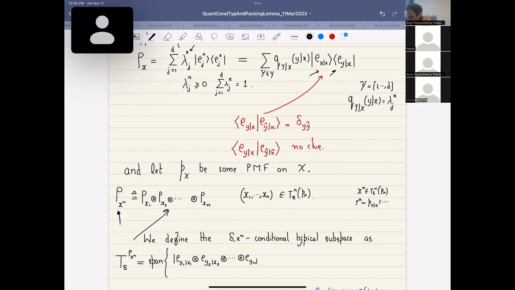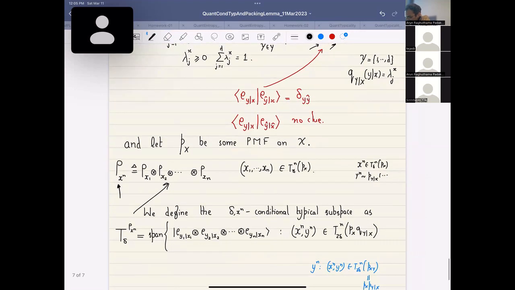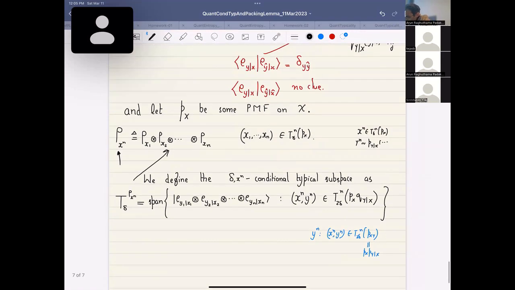Otherwise, this definition is very confusing. Such that when I stick the xn and the yn together, it should be jointly typical according to T delta n px qy given x. It seems weird what I'm doing, but you will soon realize it's not too much out of vogue.